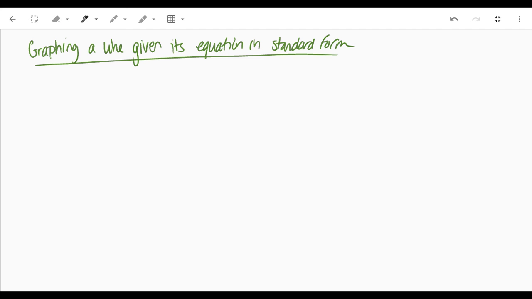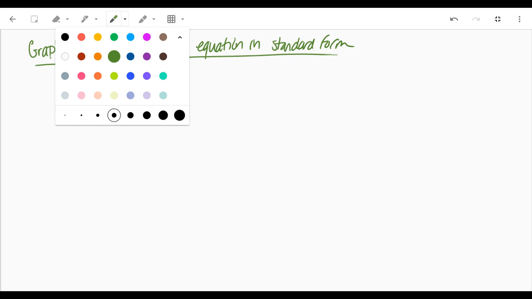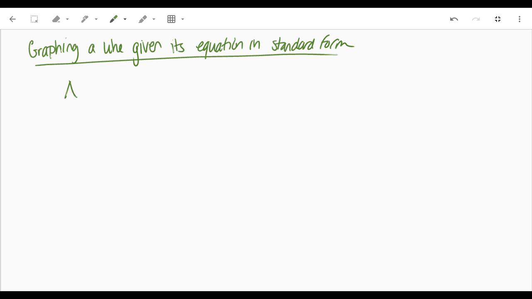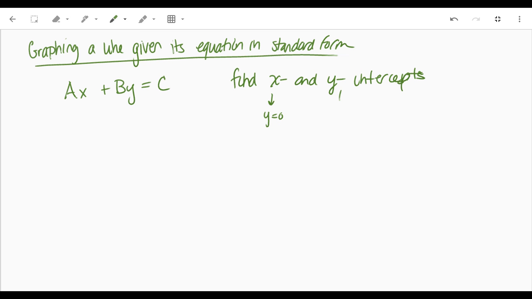You always want to start with y equals and forget. Okay, so it's actually ax plus by equals c. Okay, the easiest way to do this is to find your intercepts. Find your x and y intercepts. And that's your 2 points that you would connect then. Okay, so your x-intercept, you make y equals 0. Your y-intercept, you make x equals 0.